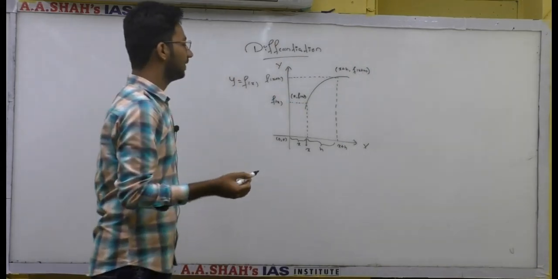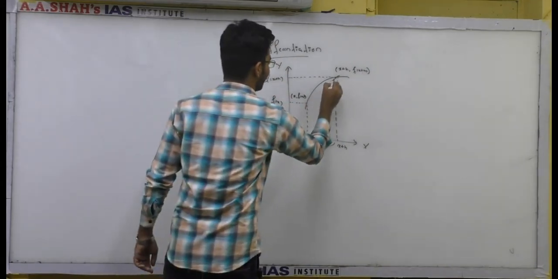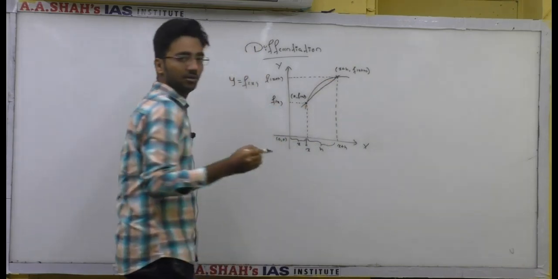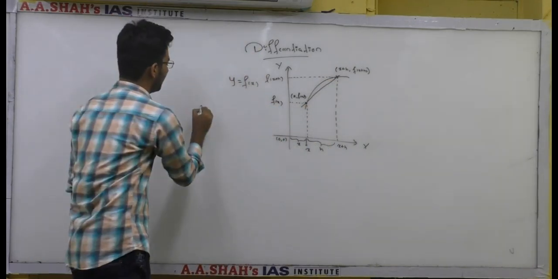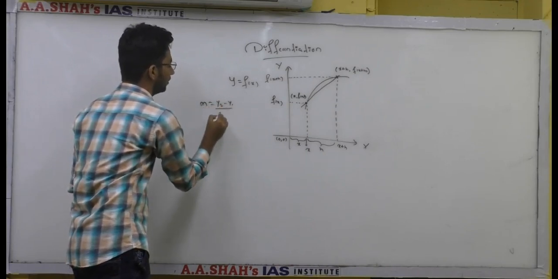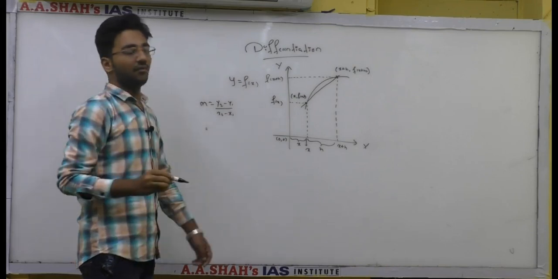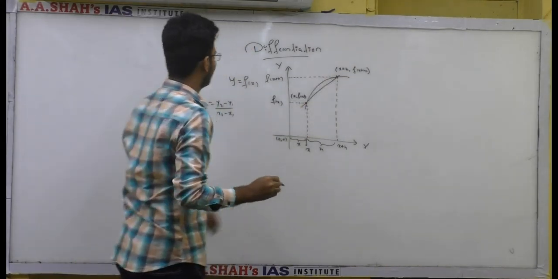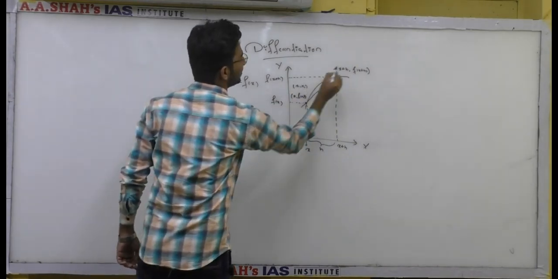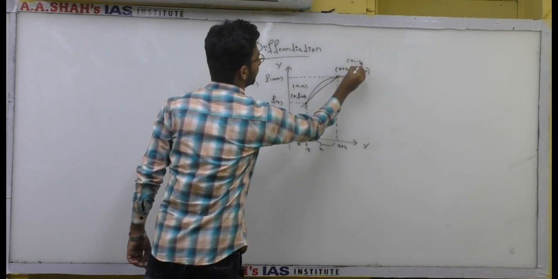Now we know how to find the slope. Now we find the slope of this tangent line. You know the formula for slope: slope is y2 minus y1 upon x2 minus x1. Here this is your (x1, y1) and this is your (x2, y2).